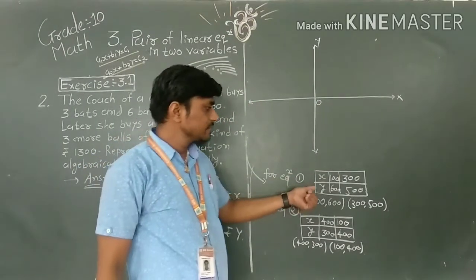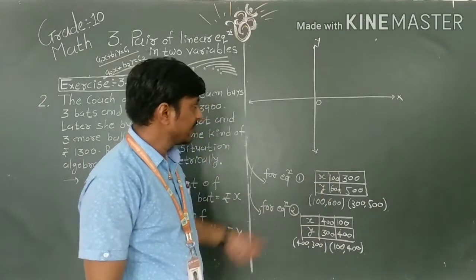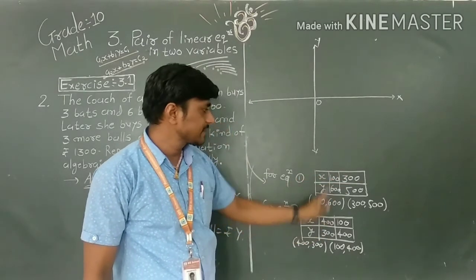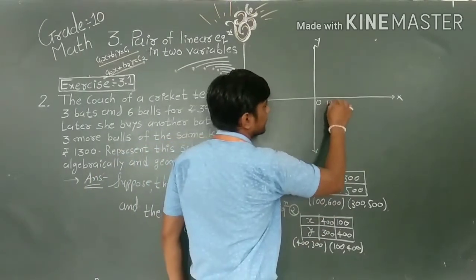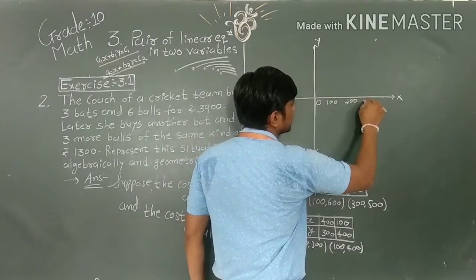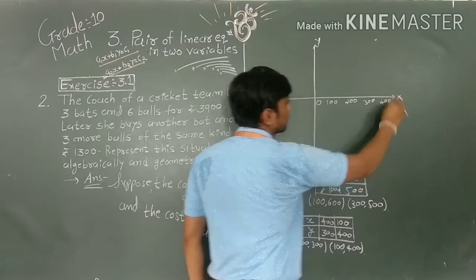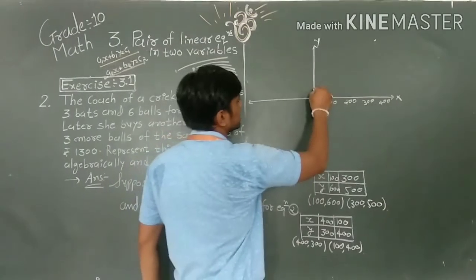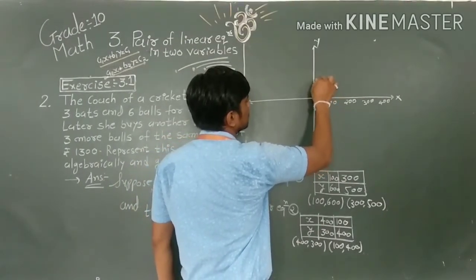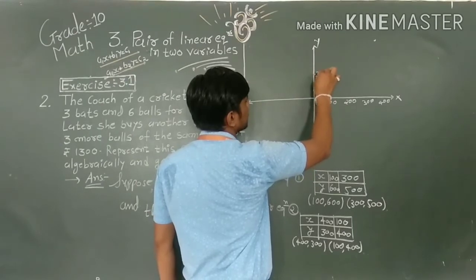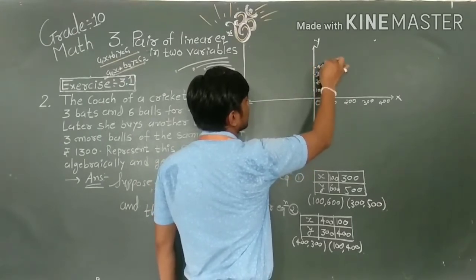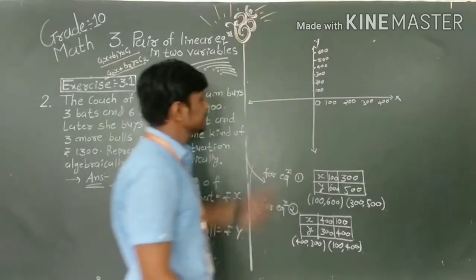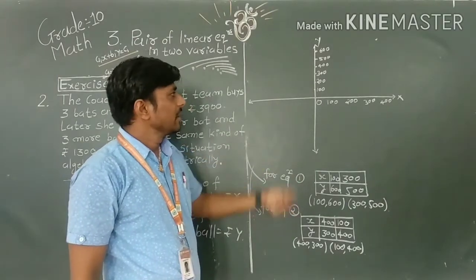This time our values are in multiples of 100, so we write 100, 200, 300. What is the maximum value of x? We want 400, so we write 100, 200, 300 and 400. What is the maximum positive value of y? 600. Therefore we write 100, 200, 300, 400, 500 and at last 600. The rest is not our requirement, so I don't write it here.